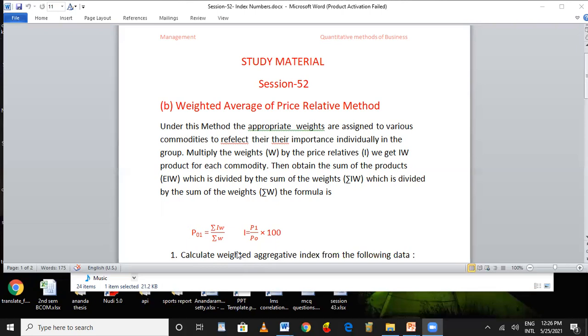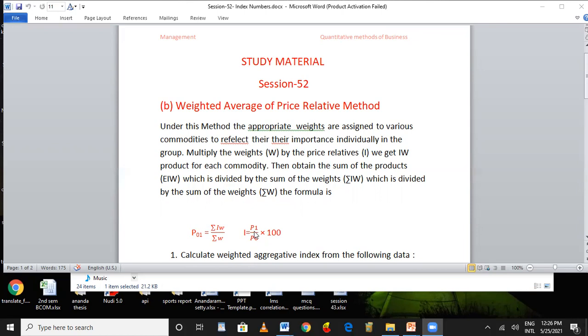If the value of the quantities has been given, then we can take sigma W directly, or else if the P and the Q have been given, we have to multiply so that we get sigma W. So this formula has to be used for the index number. Here the index number is P01, which is sigma IW over sigma W. I is P1 over P0 into 100.